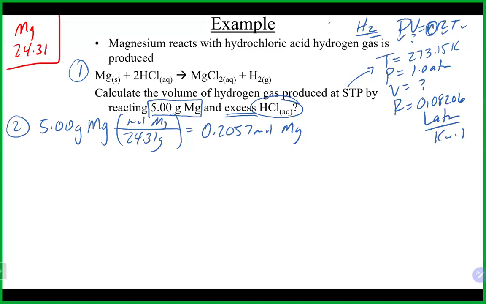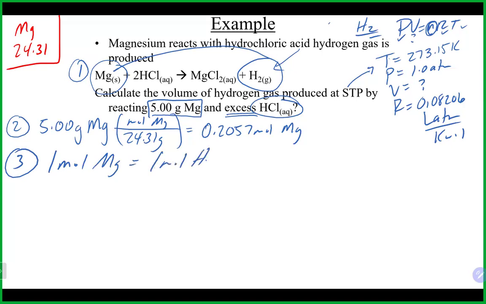So that is the moles of magnesium, but in this case we want to go from magnesium down over to our hydrogen, since that is the gas we're interested in. We can see it's 1 mole magnesium gives us 1 mole of hydrogen. So that math doesn't seem too bad here.